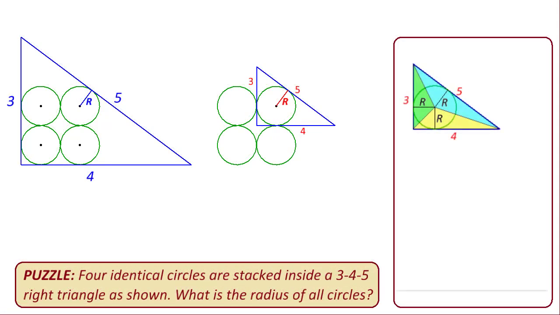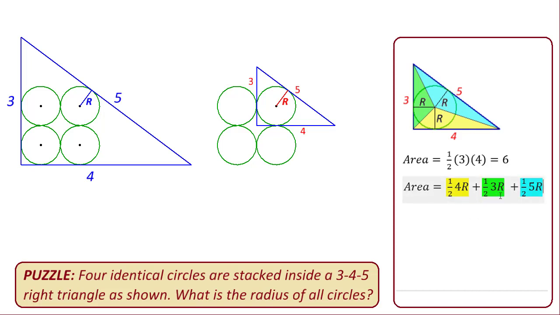For that, we are going to start with the area of this entire triangle, which is half base into height. So 3 into 4 divided by 2, that gives us 6. Then we'll calculate the same area, but this time we'll be taking it as the sum of these 3 triangles, okay? Yellow, blue, and green. So then the area can be expressed as half of this base 4 into the altitude, that is r, then half of base 3 into this altitude r, and half of this base 5 into altitude r.